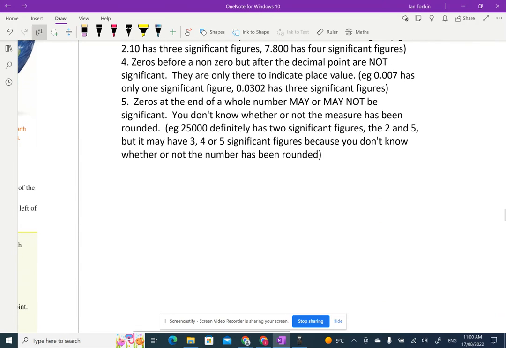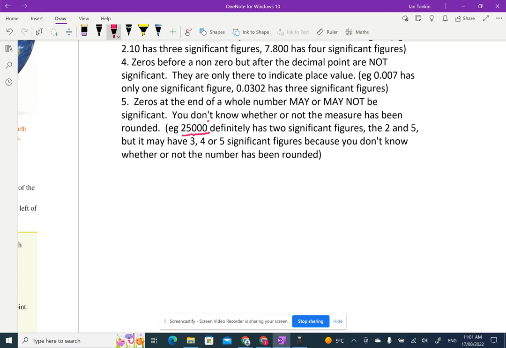Finally, and I don't think the textbook does this correctly, zeros at the end of a whole number, well, you don't know. Here's a case you just don't know. They may or they may not be significant. So, for example, take the case where you said that there were 25,000 people at the stadium to watch the sporting event last night. Oh, 25,000. You don't know whether that's accurate to the nearest unit. Were there actually 25,000 people there to the last person?